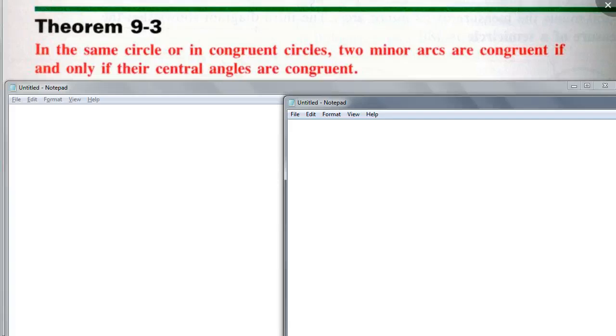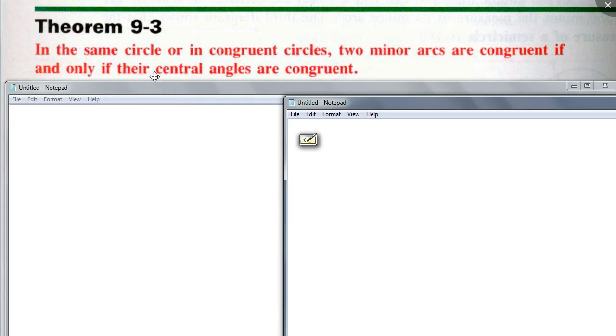What's the other statement that this is telling you is also true? Because this is a biconditional. Brandon, over here. Actually, start with in the same circle or congruent circles.